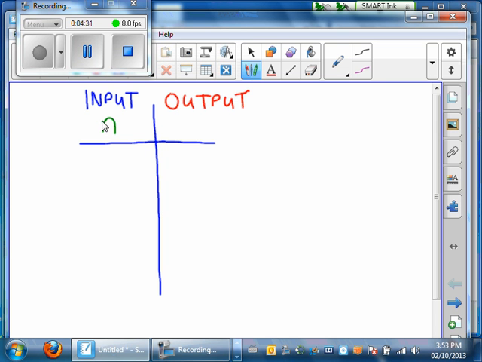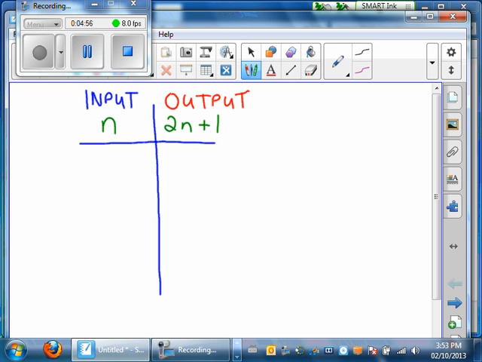And what we're going to do is we're going to use those numbers to plug them in. The output is where our algebraic expression goes. So if we had, for example, 2n plus 1 as our algebraic expression, that would mean we're going to figure out what the answer is going to be when we figure out what n is.